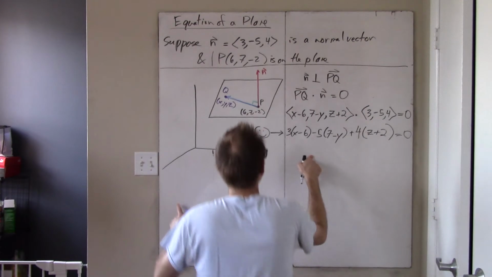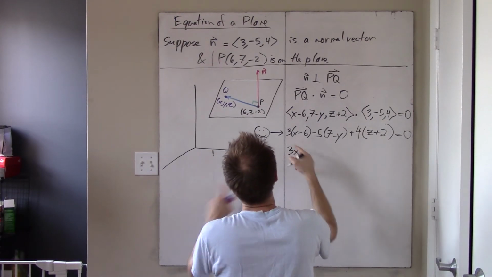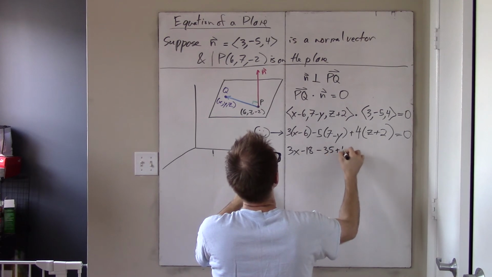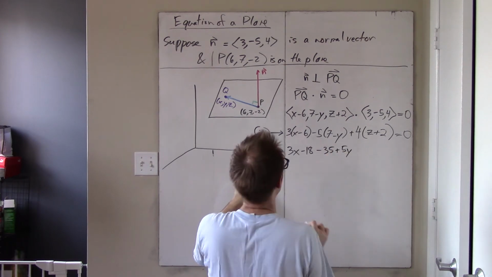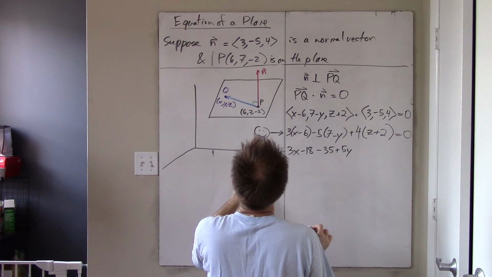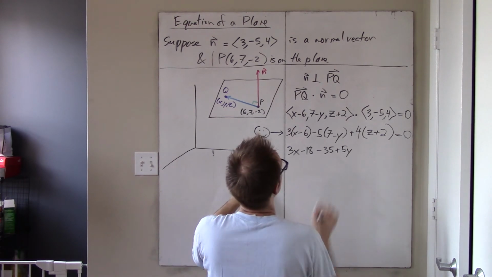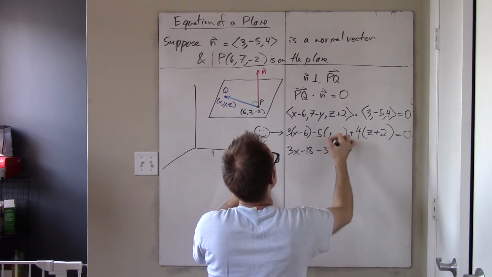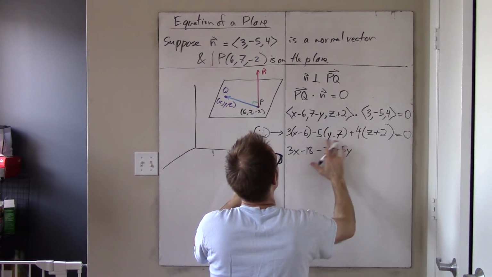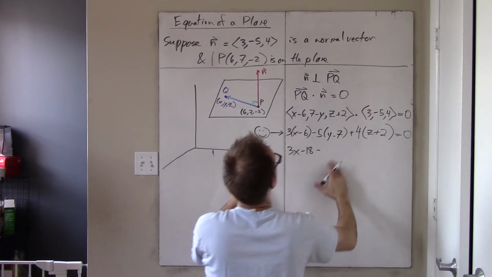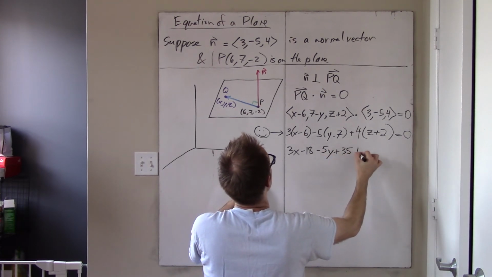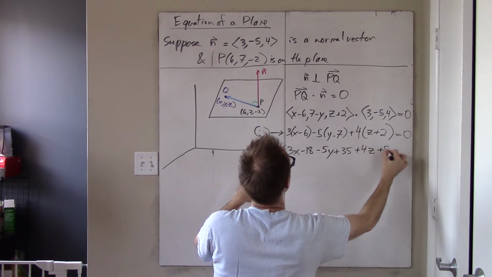Normally people clean it up a little bit: 3x minus 18, plus 5y. Have I done something wrong? Oh yeah, sorry, that should be y minus 7. I don't know why I reversed those. So sorry about that. So minus 5y plus 35 plus 4z plus 8.